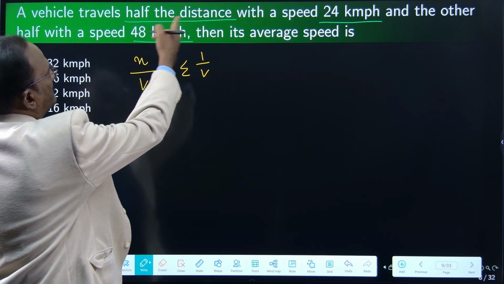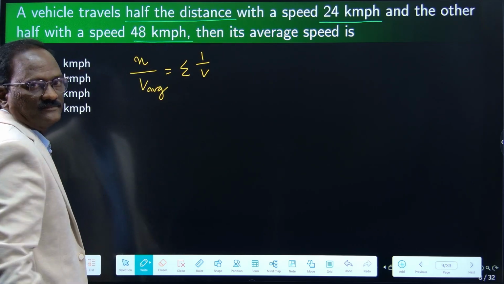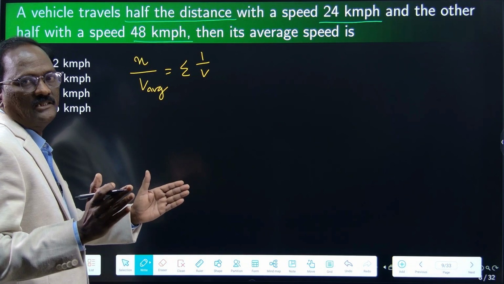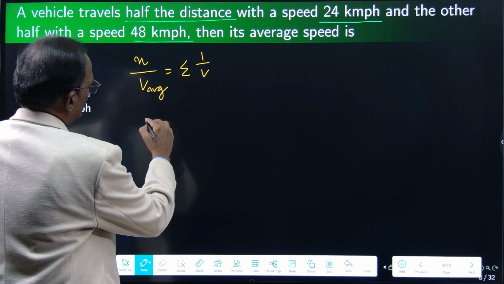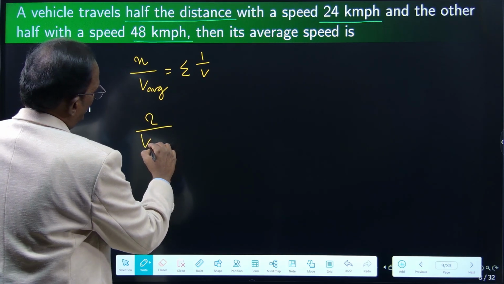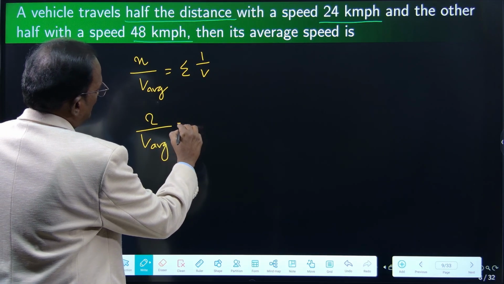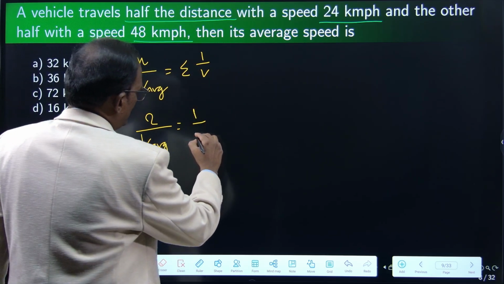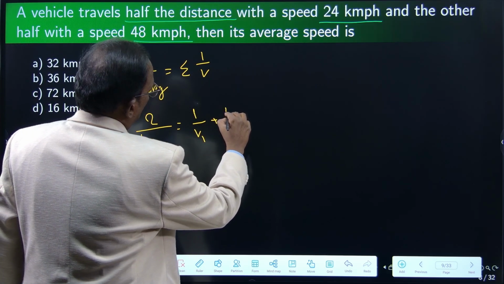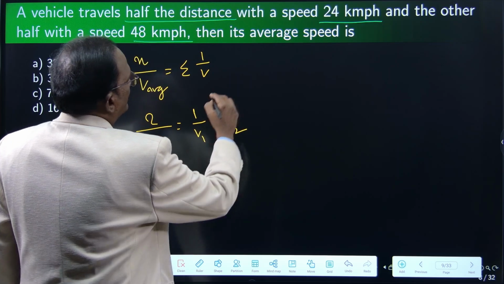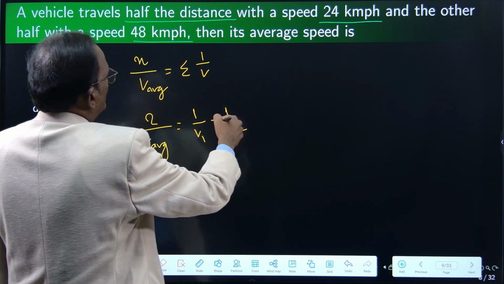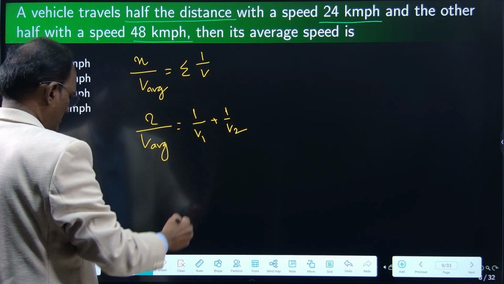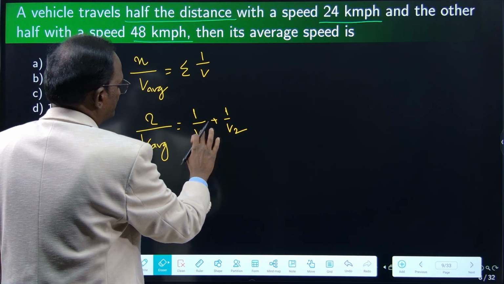n is the distance, then another half, right? So n is only 2. 2 divided by v average, then these are only 2 intervals, v1 plus v2. Instead of v1 we will write 24, instead of v2 we will write 48.